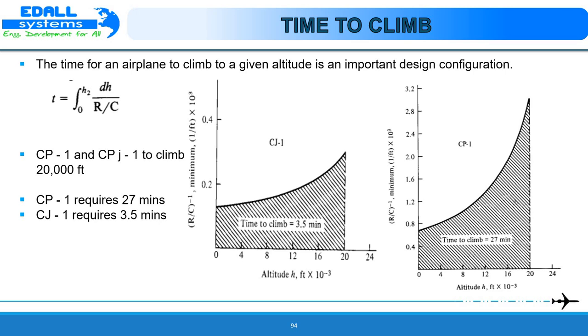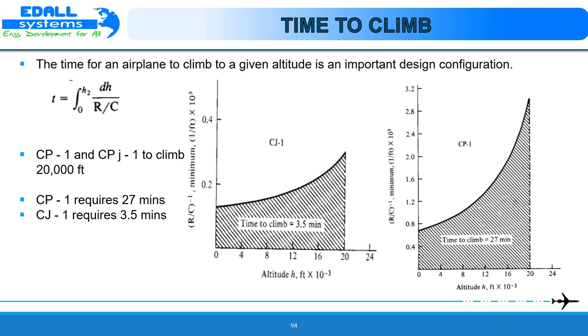The graph here shows calculated and compared times required for the CP1 and CJ1 to climb to an altitude of 6096 meters. For the CP1, with the equation t equals the integral from 0 to h2 of dh by R/C, the time to climb is equal to the shaded area under the curve shown. The resulting area gives the time to climb as 27 minutes.